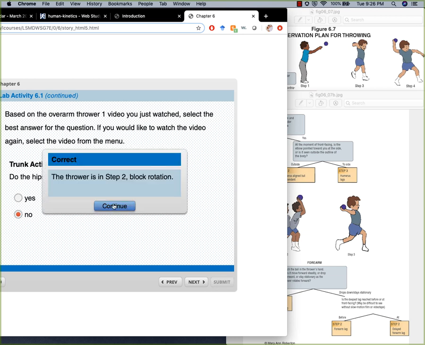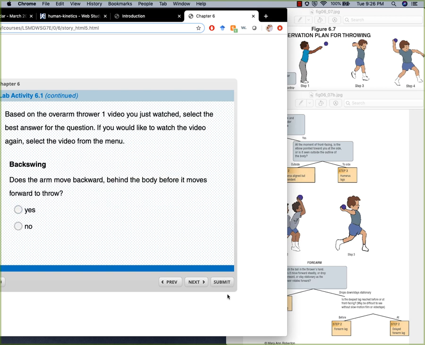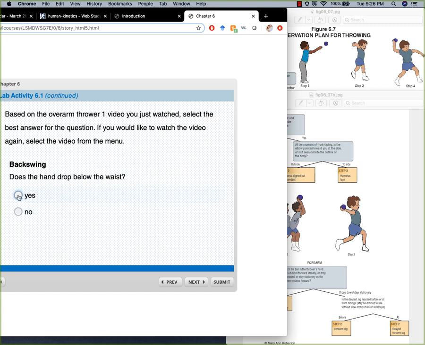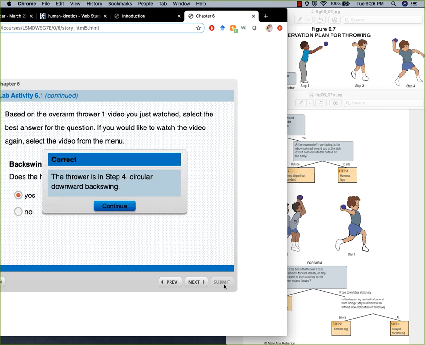So again, the thrower is in step 2 using block rotation for the trunk action. For the backswing, we saw that the arm dropped down and behind the body. The hand did drop below the waist. So the thrower is in step 4 of the backswing.